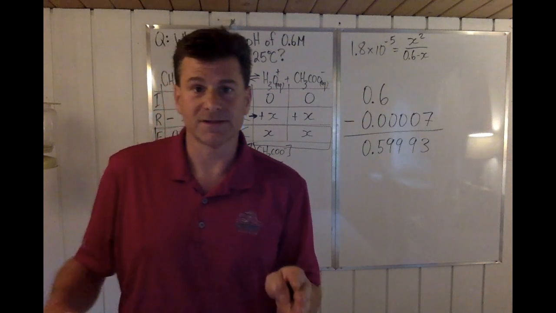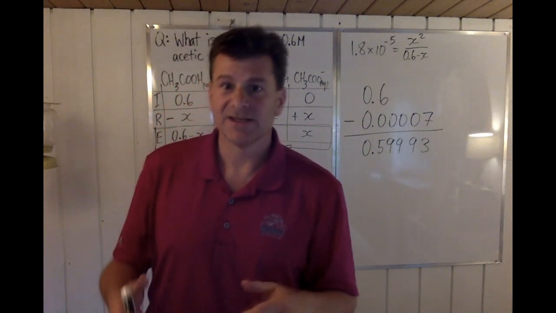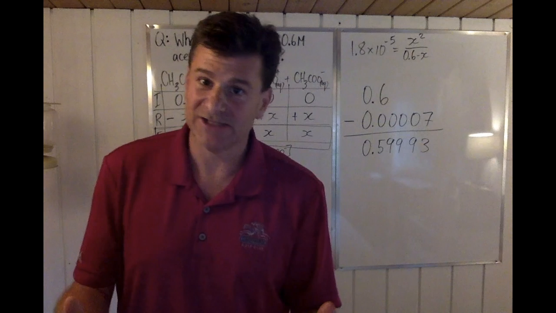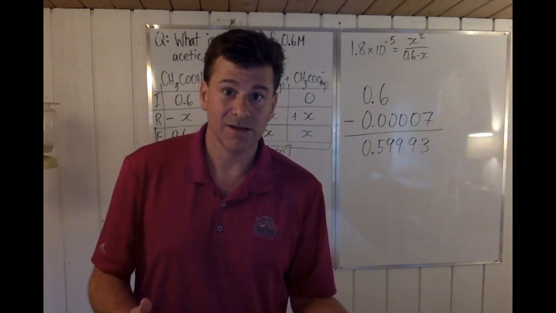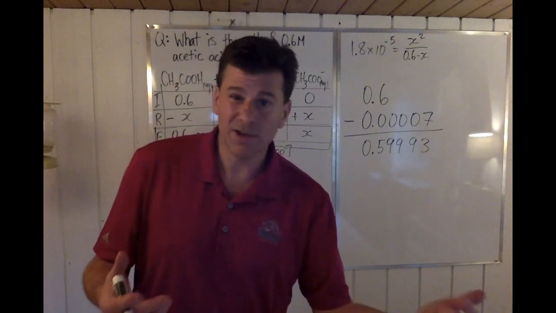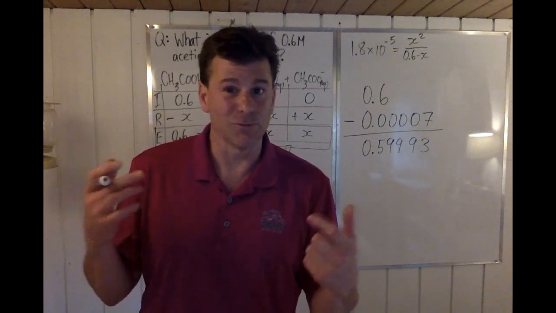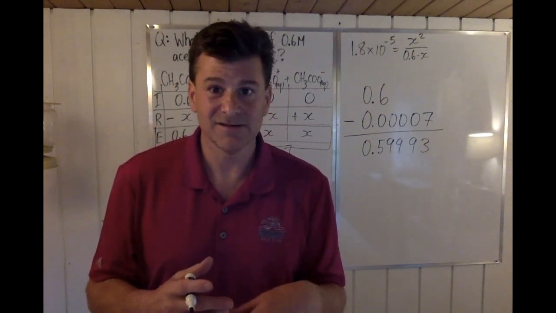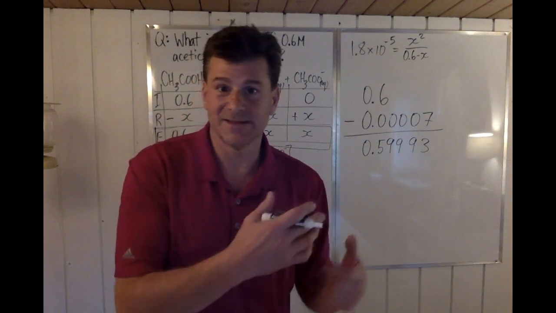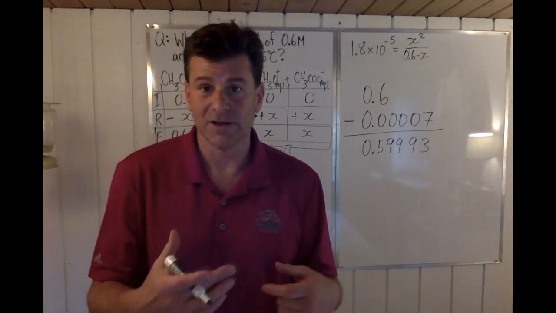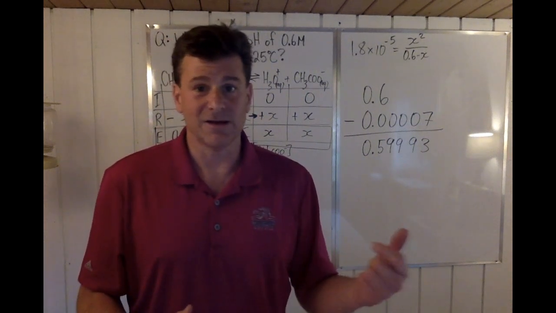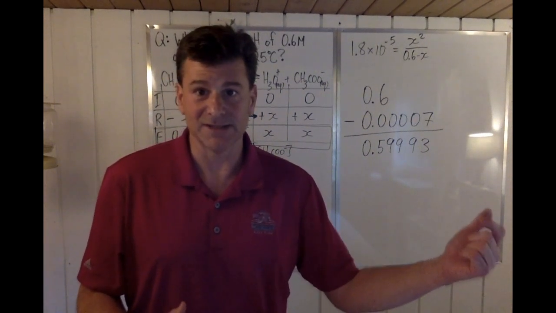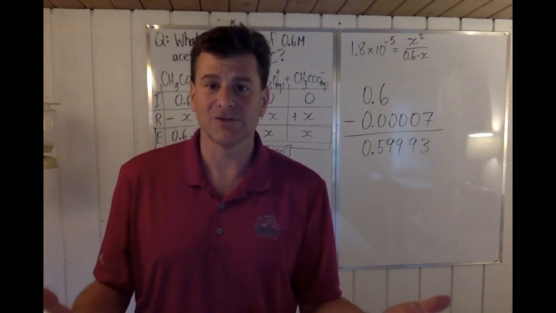So when you subtract it, does it actually change the value from 0.6 to 0.59993 when you don't even know that the 0.6 was really that precise? No, you don't, because the 6 didn't have a bunch of zeros after it, which means it wasn't measured terribly precisely, which means who says your answer can be that precise? And that's exactly what sig figs are all about.